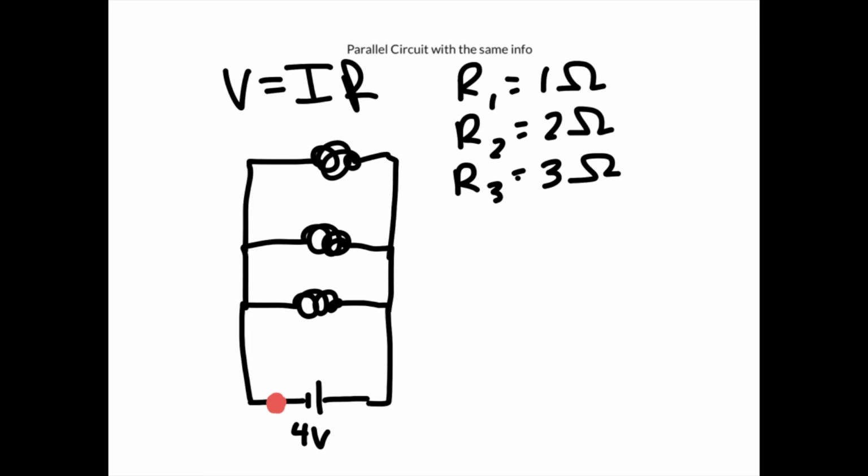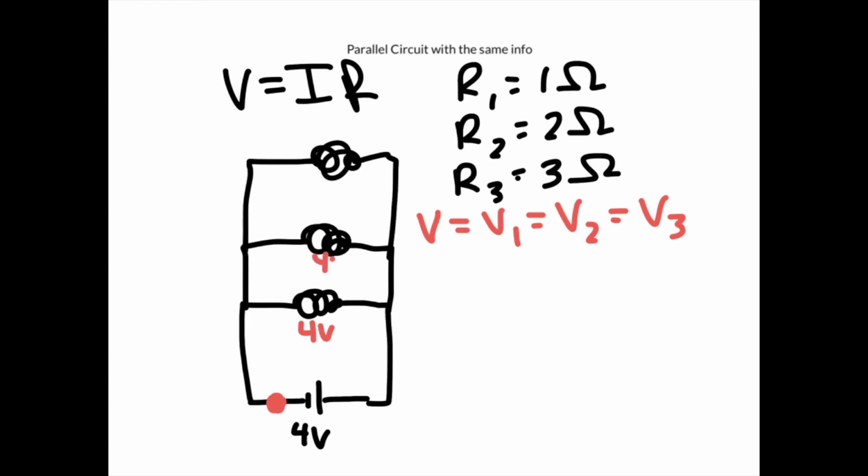And the simpler way is to remember that the voltage across the entire parallel circuit here, that 4 volts, is going to be the same across each and every path. And so if we start with this concept, we now know that this is 4 volts across this lamp.